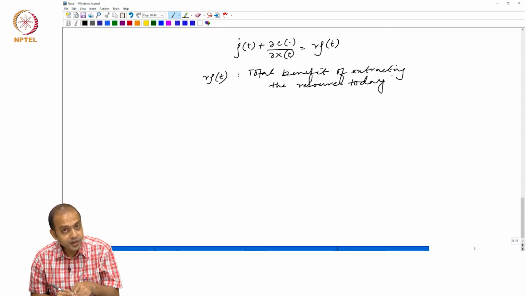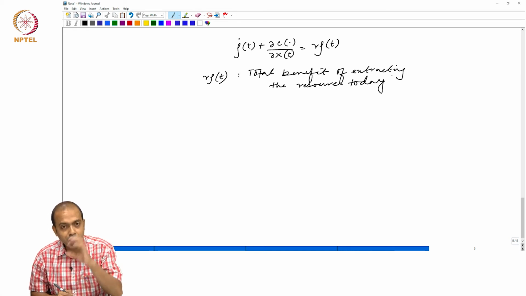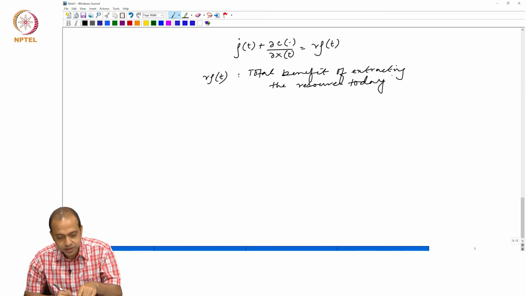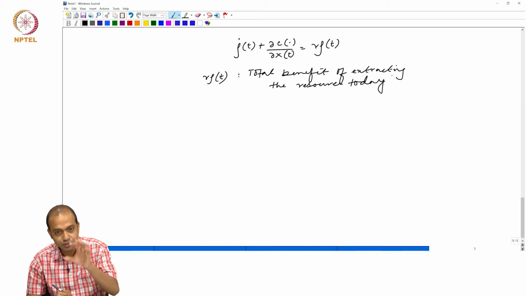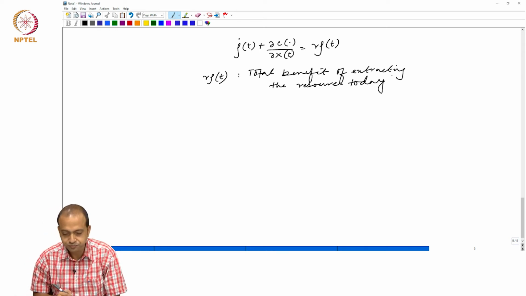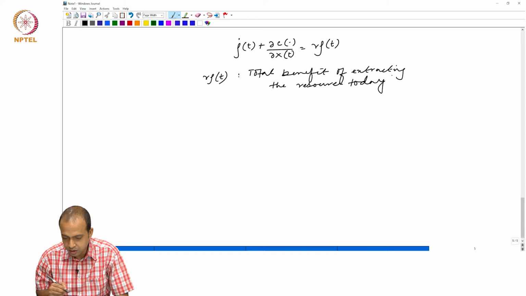How? Because if I extract the resource, rho t is the money I will get, I will keep it in the bank, and the bank will give me interest at the rate r. That is the reason r into rho t is basically the total benefit of extracting the resource today, right.